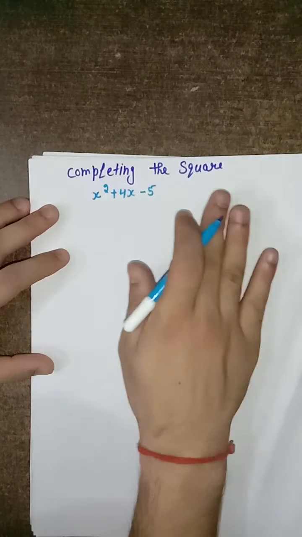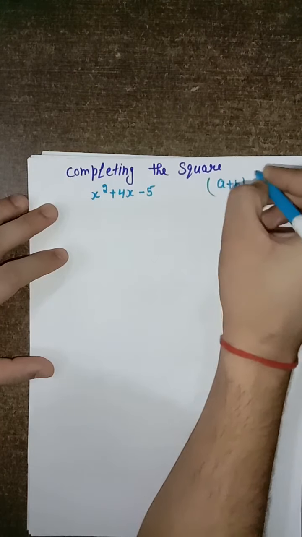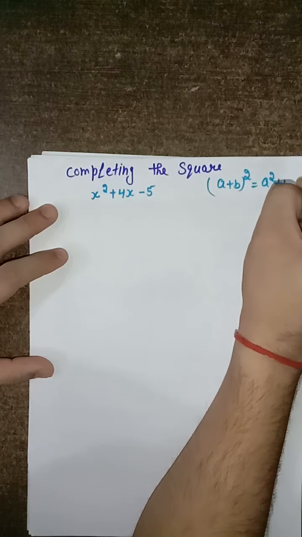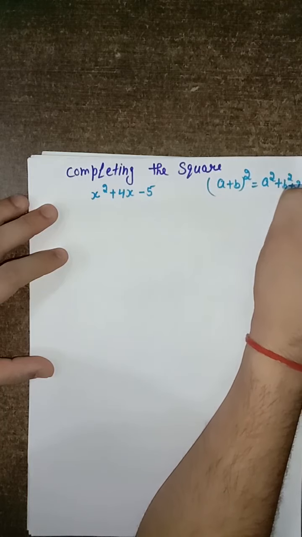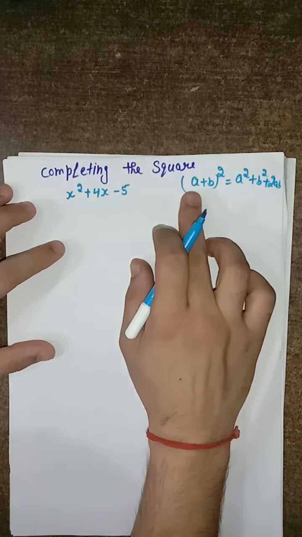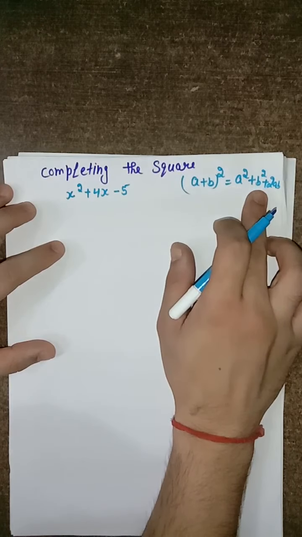Now completing the square means, you all student, you know that a plus b whole square equals a square plus b square plus 2ab. You all know about the identity a plus b whole square equals a square plus b square plus 2ab.